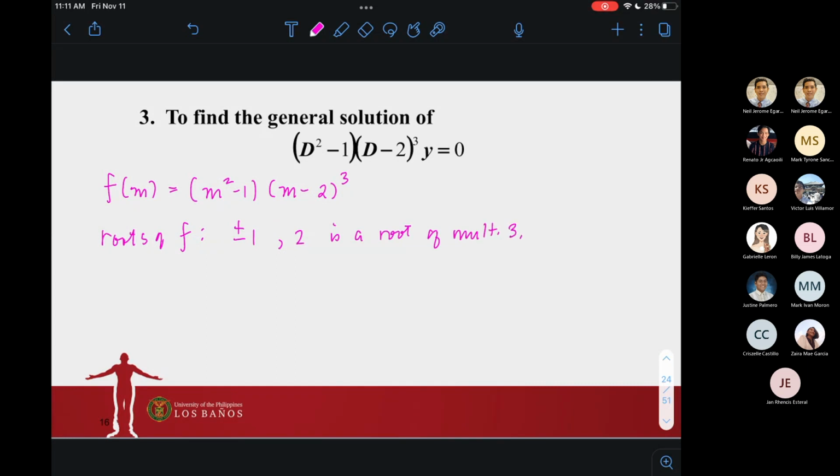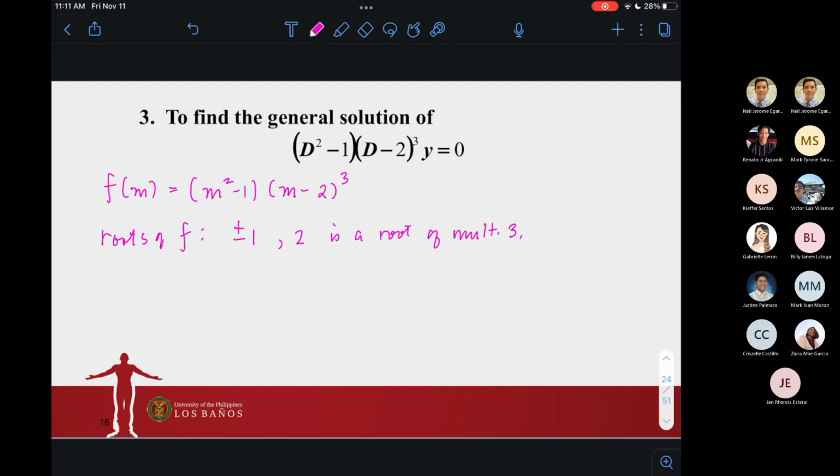Kailangan lang natin gawin, kunin yung sum ng mga general solutions para dito at general solutions para rito. Okay? So separate nating i-process yung mga roots ng auxiliary polynomial depending on what case they fall under. Tapos isasum lang natin yung dalawang general solutions.